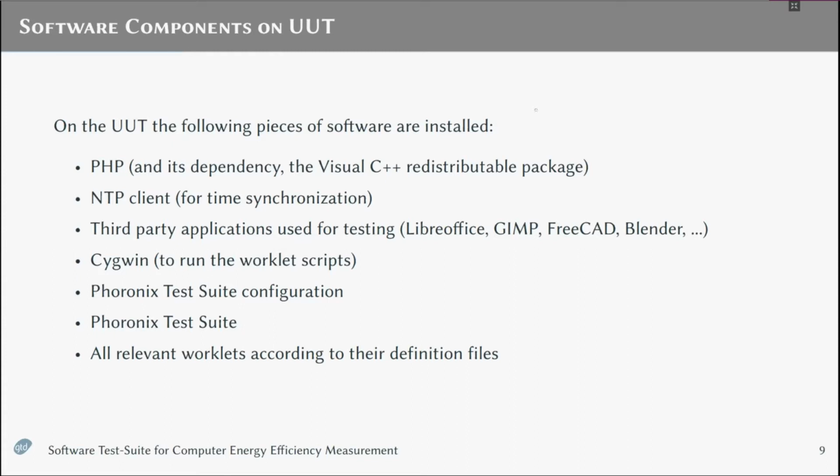But you don't have to install them manually, as we will see. So there's no need to worry about installing individual packages or applications. Also Cygwin on Windows to run the worklet scripts, and then, of course, the test suite and its configuration, and all the relevant worklets according to the definition files that have been provided.